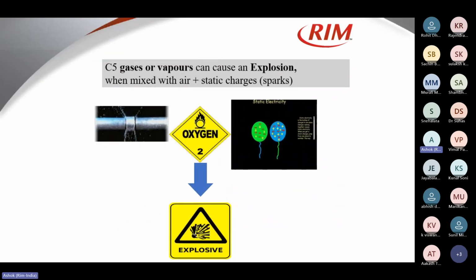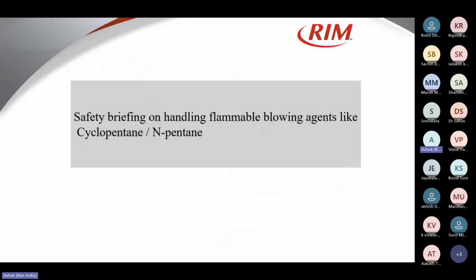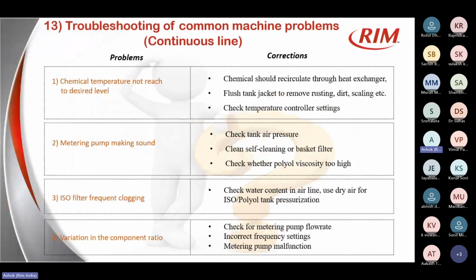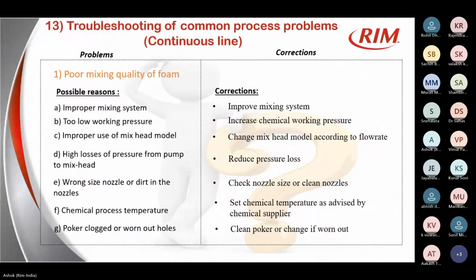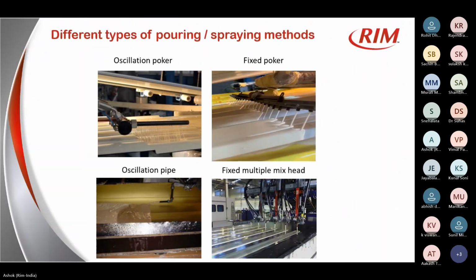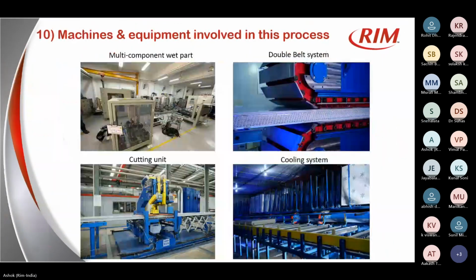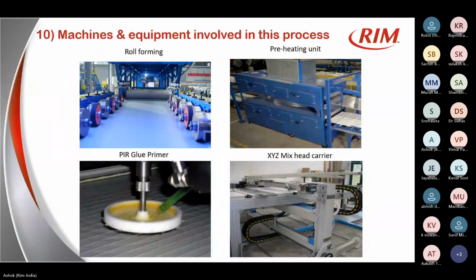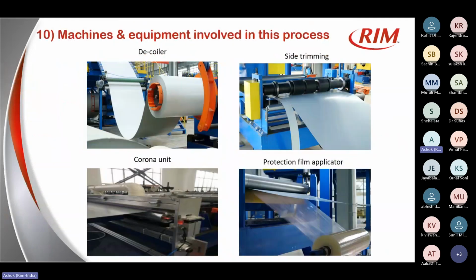So the Corona unit basically, I will show you the photo. You can see the Corona unit photo here. There are two rollers with an electrical system inside.